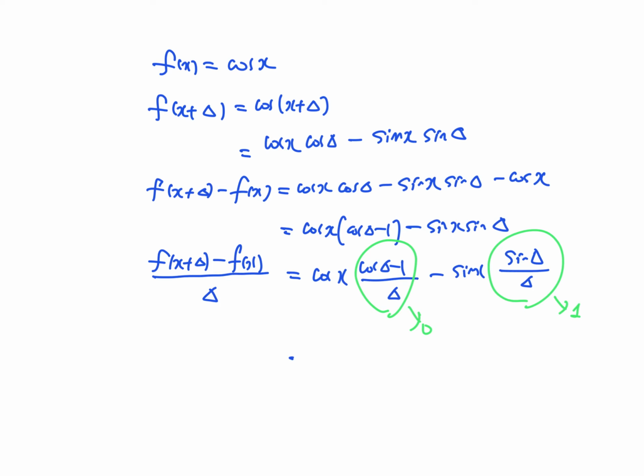So this becomes minus sin x as delta goes to 0. So the derivative of cos x is minus sin x.